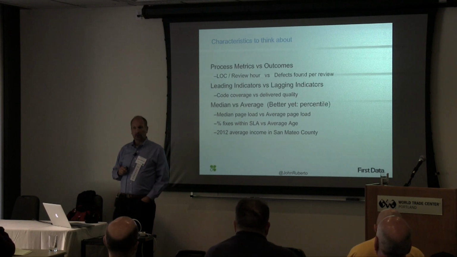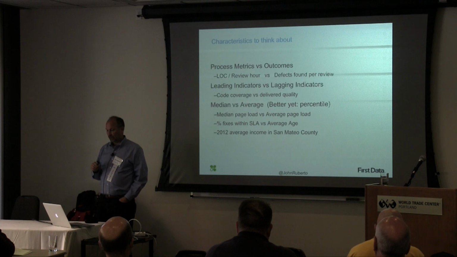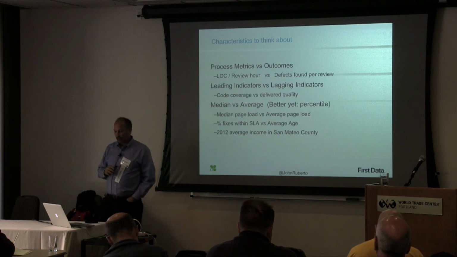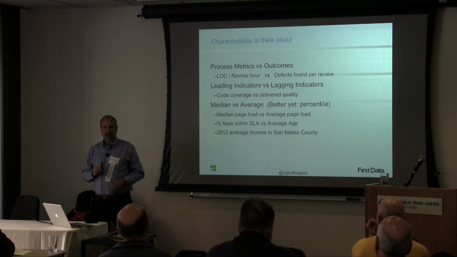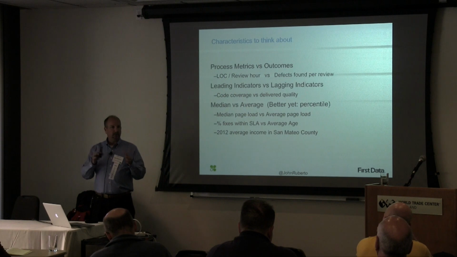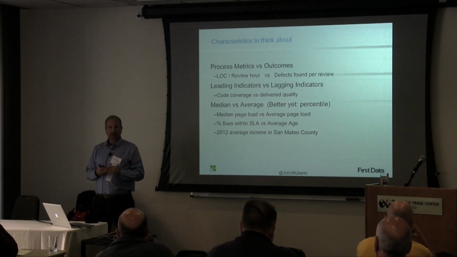Okay, what do you show if you want to aggregate data? Median versus average, or better yet, percentiles. So median page load time versus the average page load. If you're doing performance testing, often the tools will punch out an average page load time. I was just looking at some data the other day. The average response time for a REST call was about 6 seconds, and that seemed pretty slow.